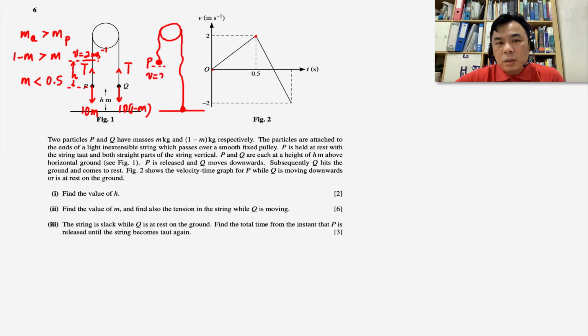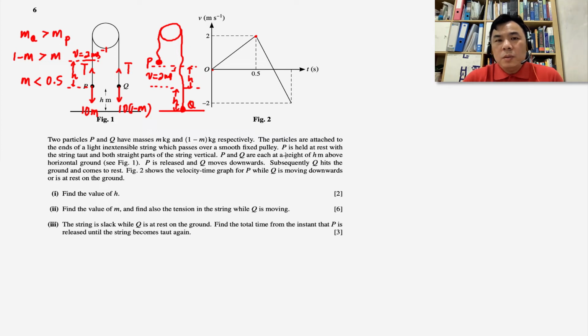The velocity is 2 meter per second just before the string becomes slack, or when Q has reached the ground. And do remember, P has already moved h meter. I'm going to write down here: it has already moved h meter when Q has moved h meter down. All right, so that's how it will look in this case.